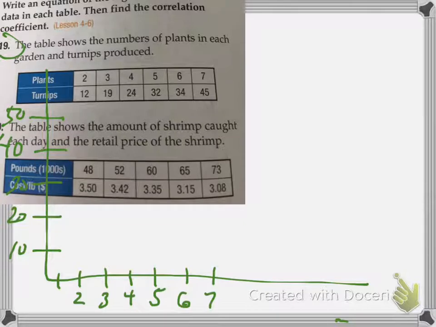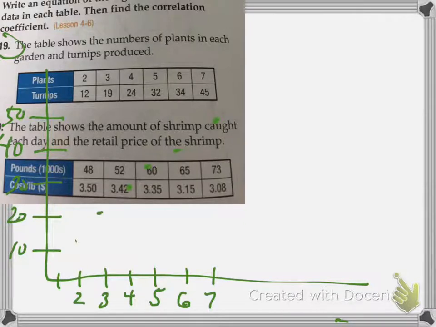At 2, it's 12. At 3, it's 19. At 4, it's 24. At 5, 32. At 6, 34. And 7 is up here at 45.